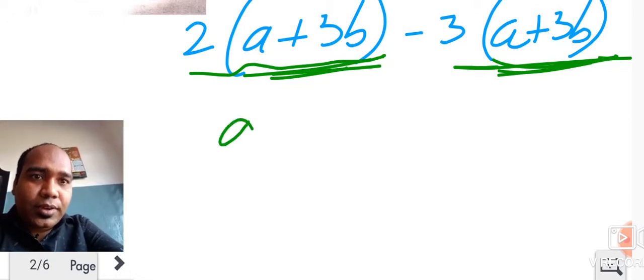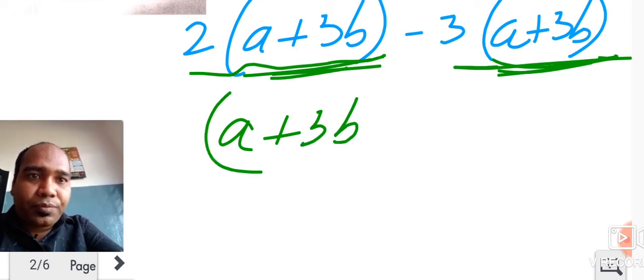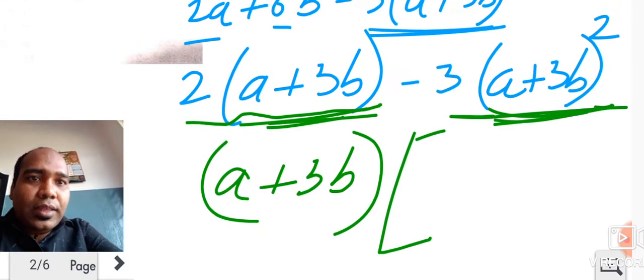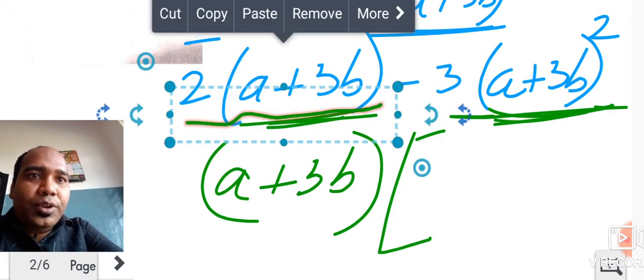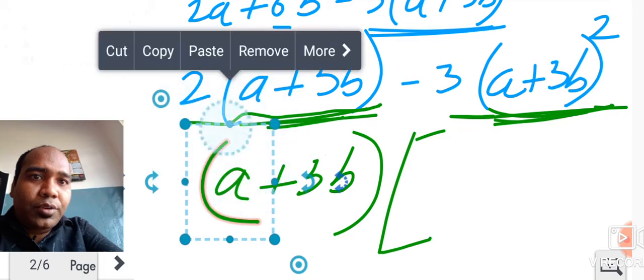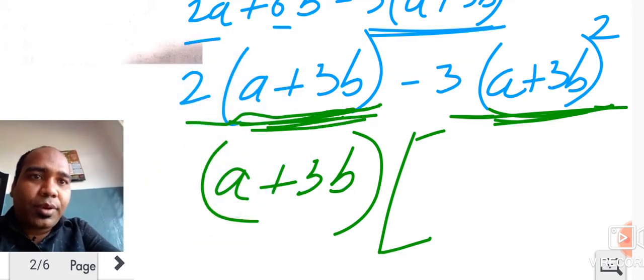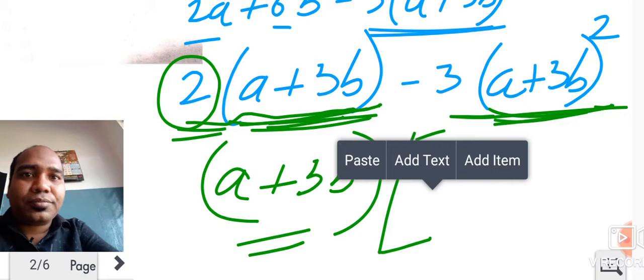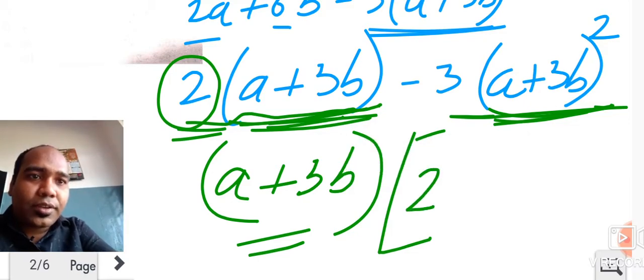Yes, so we will take a plus 3b common. Now in this 2 into a plus 3b, a plus 3b we have already taken out. So what is left? This 2 is left. So 2 will be written here.